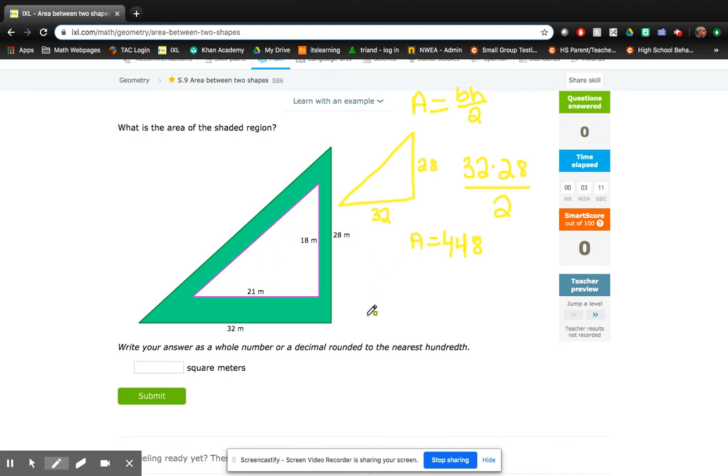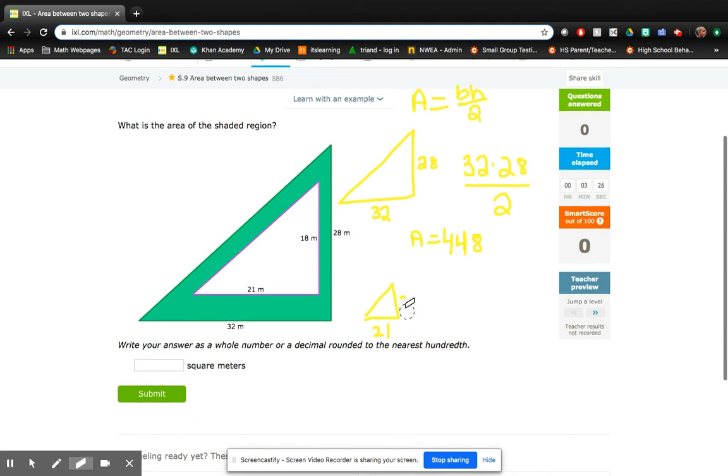So then I'm going to find the area of the smaller triangle, the white triangle. And the base is 21. And the height is 20. Oh, I'm sorry, it is not. The height is 18. Being careful here with my measurements. Here's the 18. Here's the 18.